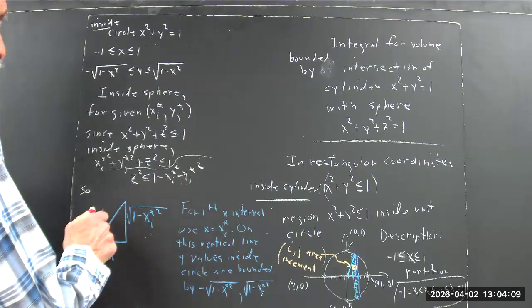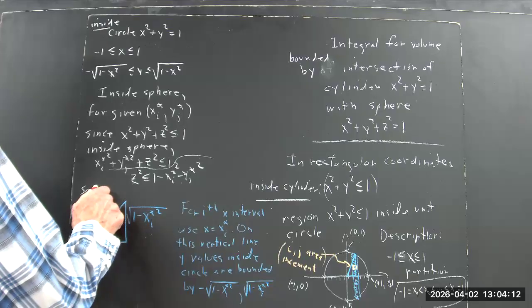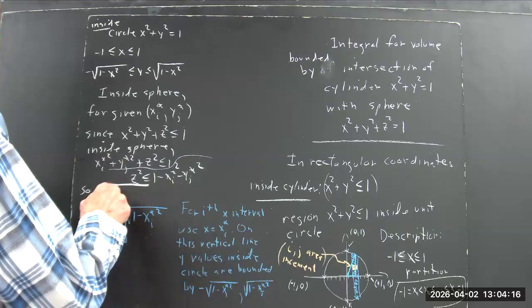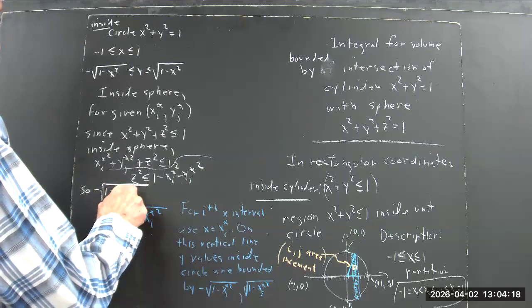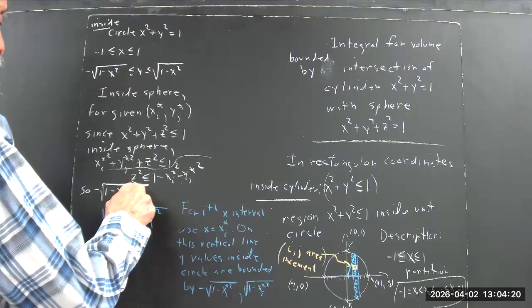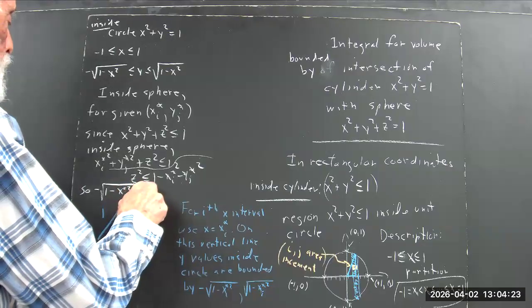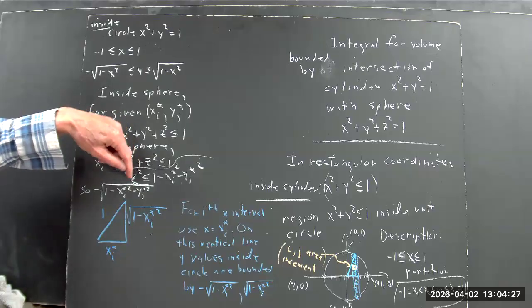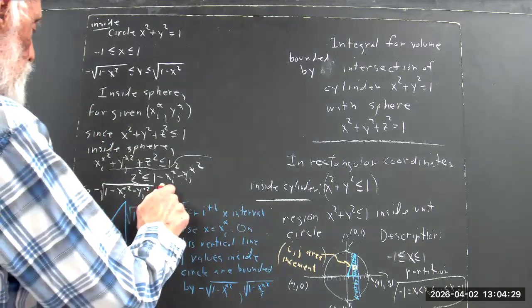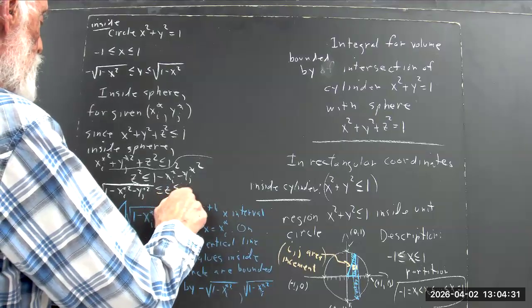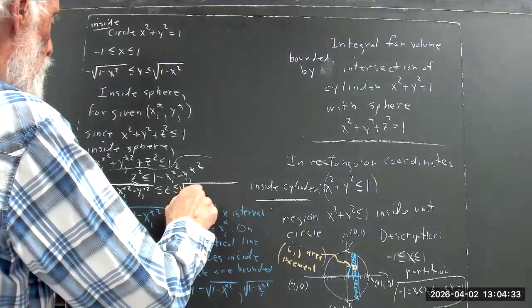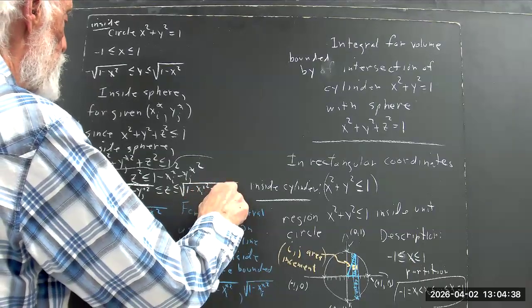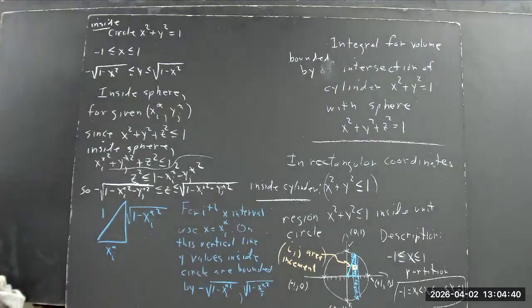So the solution to this is the negative square root of 1 minus xi star squared minus yj star squared is less than or equal to z, is less than or equal to the square root of 1 minus xi star squared minus yj star squared.